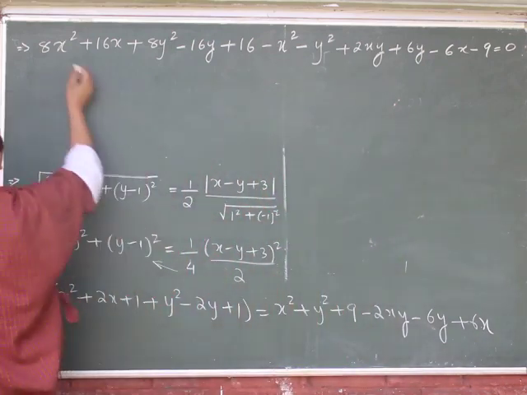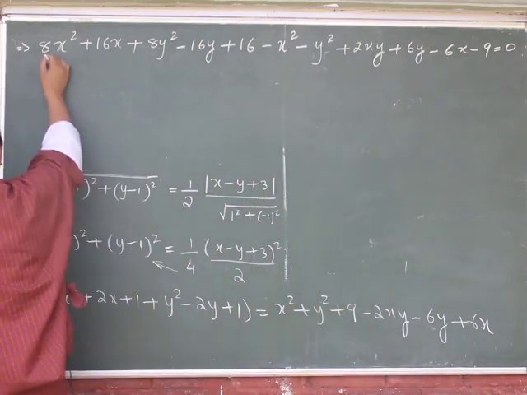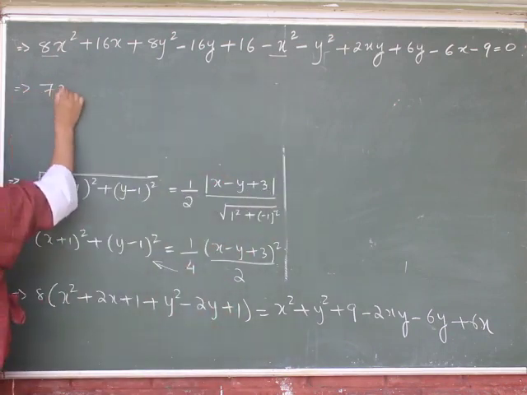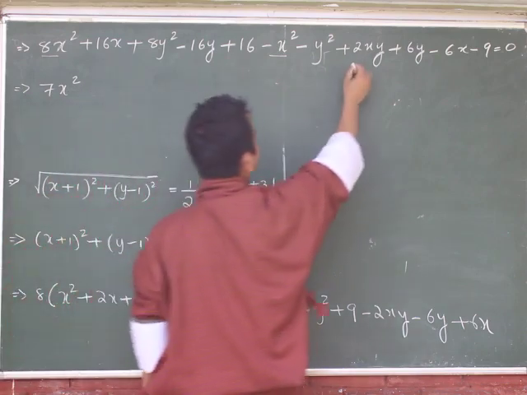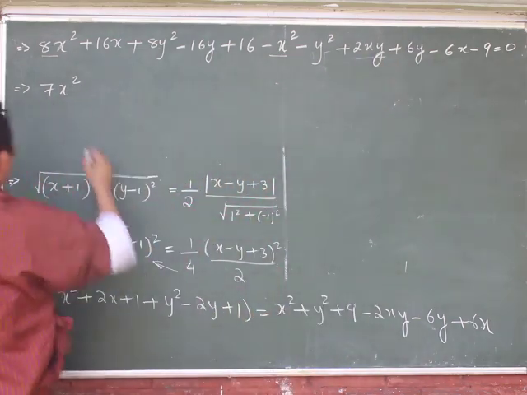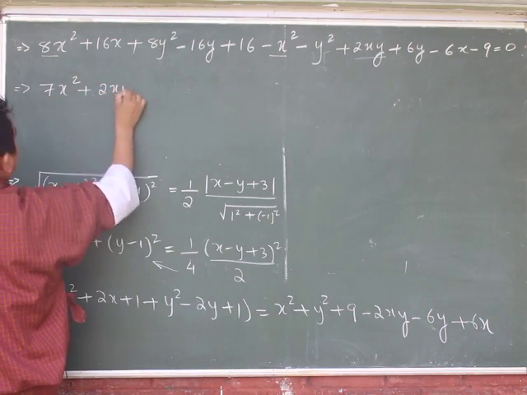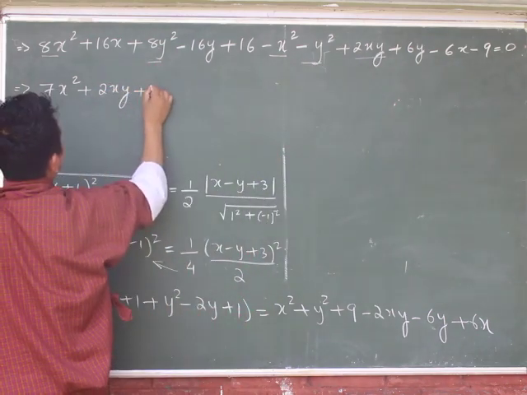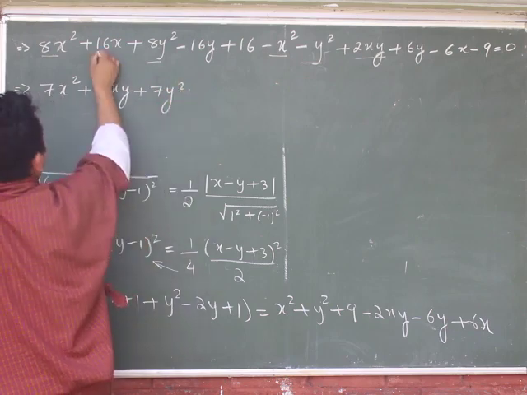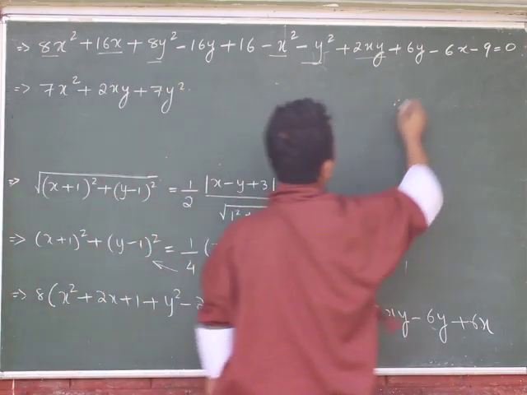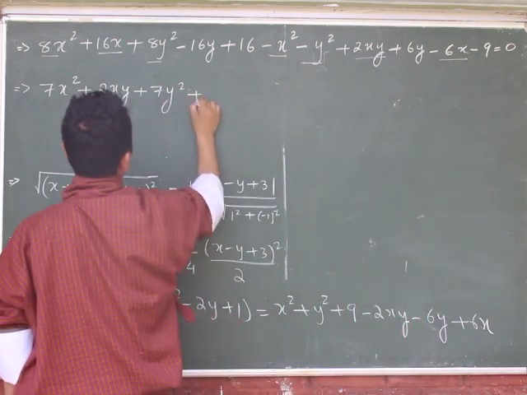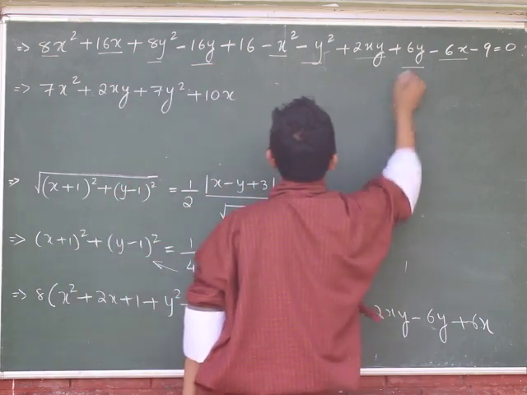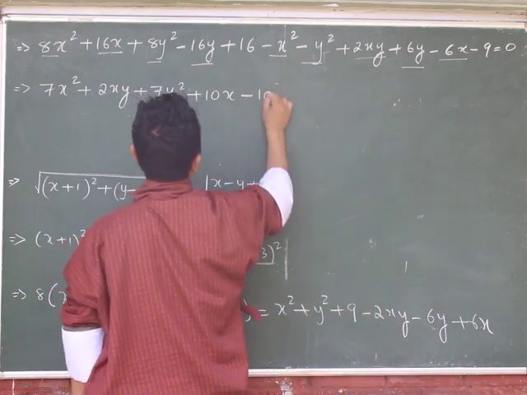Make sure you underline. I taught you in parabola: 8x square minus x square becomes 7x square. Then write this, having both variables x and y, plus 2xy, then plus 7y square, then 16x minus 6x, which is equivalent to plus 10x, then minus 16y plus 6y is minus 10y.